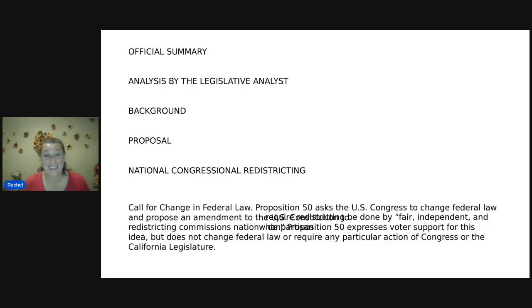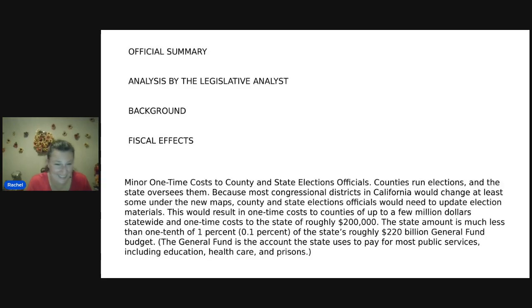Minor one-time cost to county and state election officials. Counties run elections, and the states oversee them. Most congressional districts in California would change at least some under the new maps, so county and state election officials would need to update election materials.